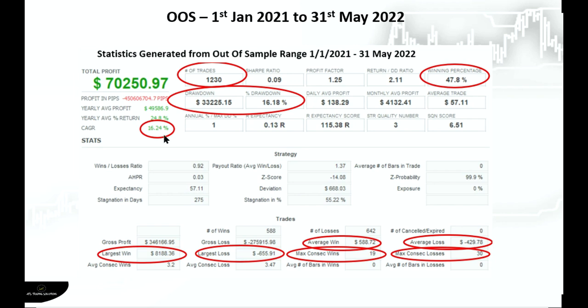And also we see the compound annual growth rate, and we see a low drawdown in percentage and dollar terms. And this overall gives us great confidence that we have a portfolio that we can now take to the live trading environment.